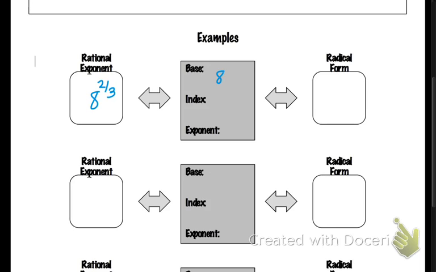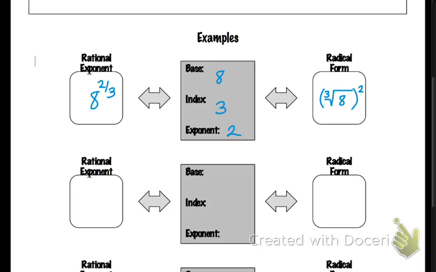The index is the denominator, so that's going to be 3. And the exponent is the numerator, so it's going to be 2. When we put these all into their respective places in radical form, the radicand is going to be the base, so that's 8. The index is 3, so that's going to go here. And then since there's a power of 2, we're going to raise all of this to the second power.